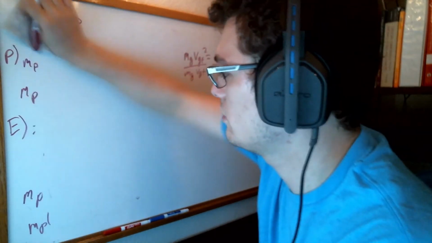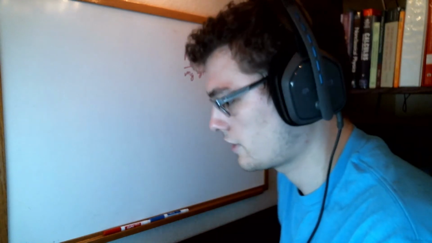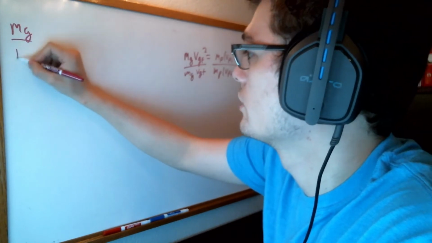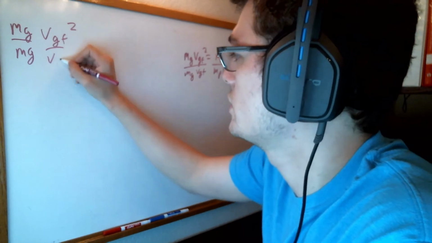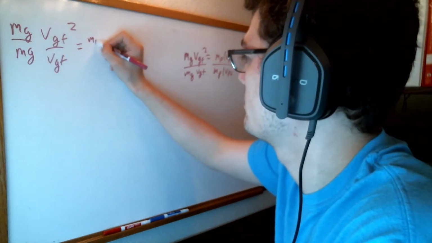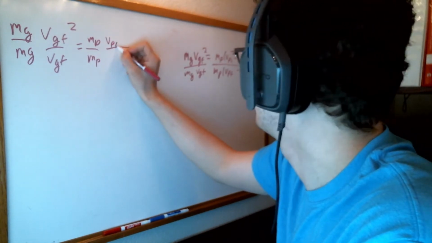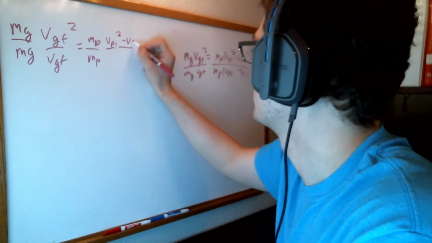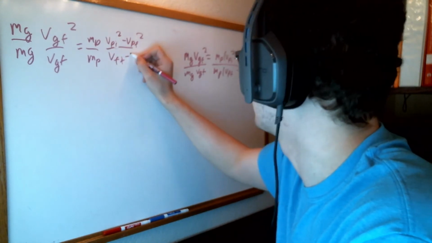So we've done all we needed with our energy and momentum expressions there to get this result. So this is MG over MG, VGF over VGF, and this one squared is equal to MP over MP, one half, VPI squared minus VPF squared, all over VPF minus VPI.